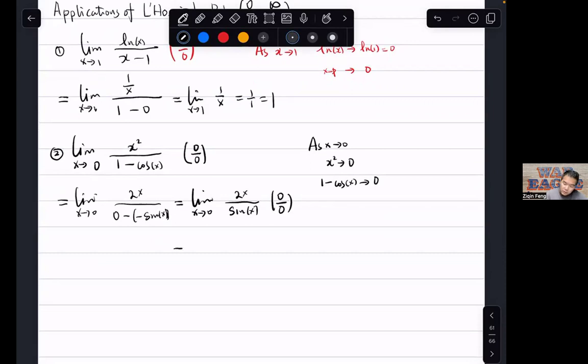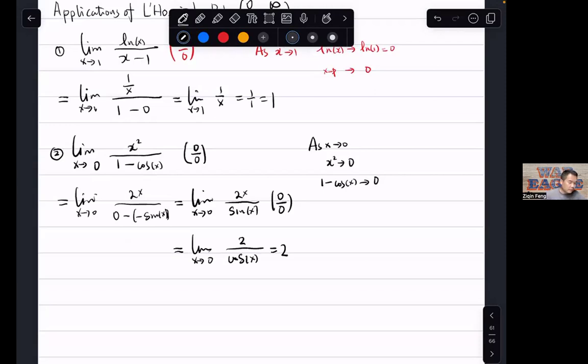So let's try our rule one more time. This is as x goes to 0, 2 over cosine of x. Now, if you plug 0 into the denominator, you get cosine of 0, which is 1. You don't have 0 anymore, so this is 2 over 1, which is 2. So the limit is 2. So sometimes we do have to apply L'Hopital's rule more than once.